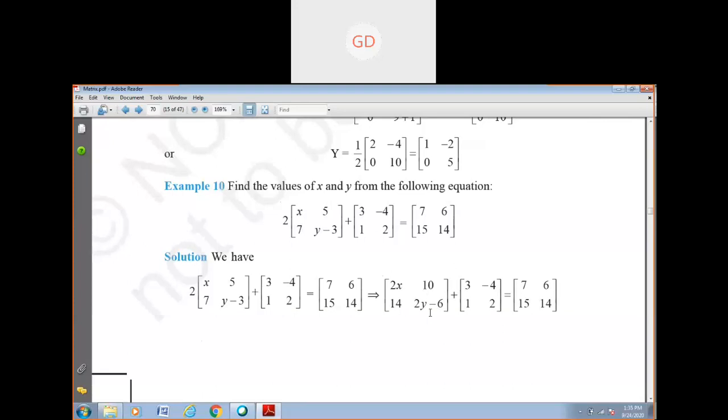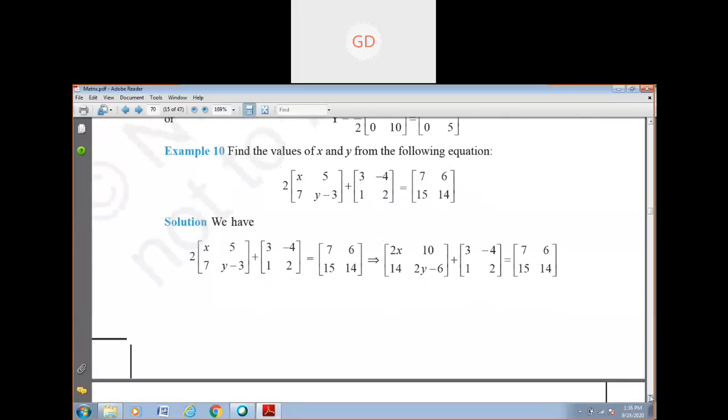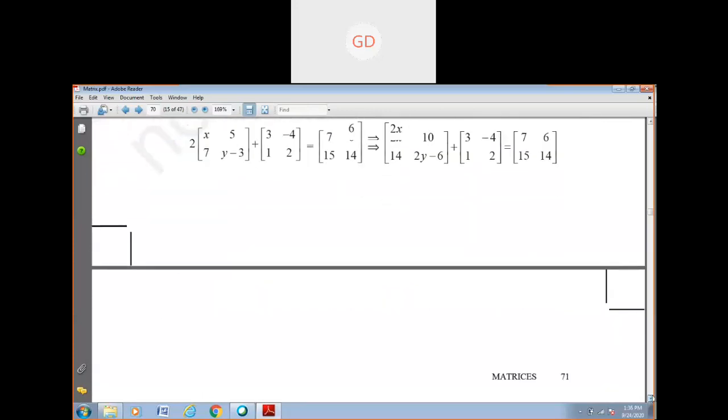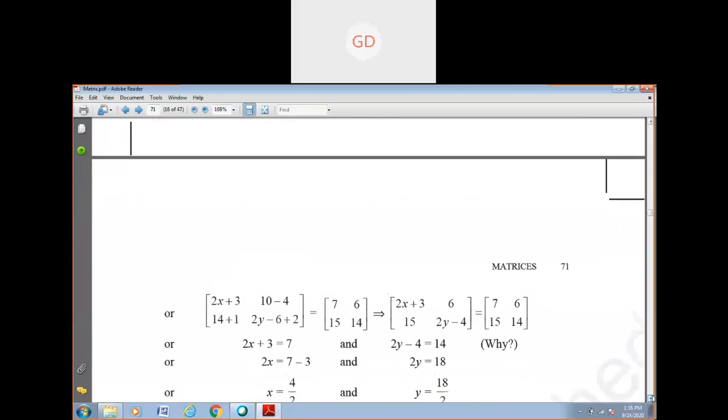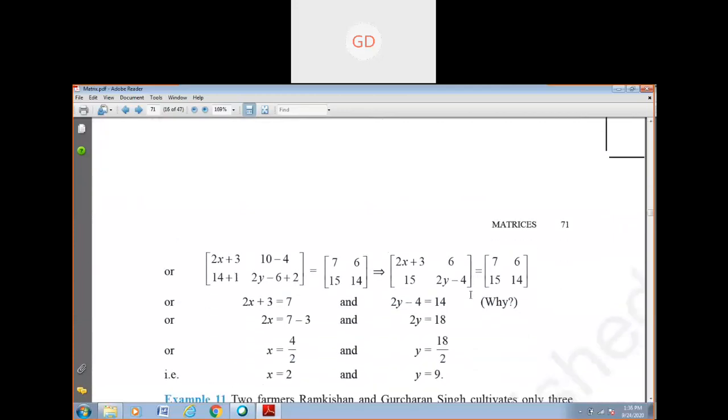Adding this will give the left hand side in the next step, and the right hand side obviously remains the same. If we add the matrices on the left hand side, we have a single matrix, and the right hand side remains the same.